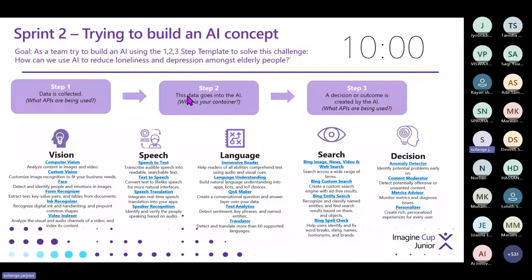So now we are here. Now, your AI needs to give outcomes. Which API will you use to have the outcomes? It could be several APIs based on the scenario that you created at the beginning.